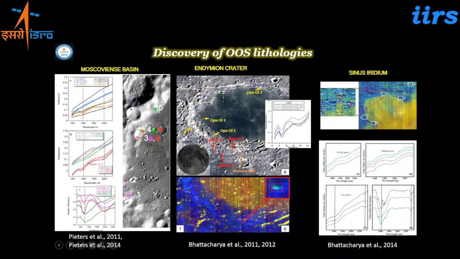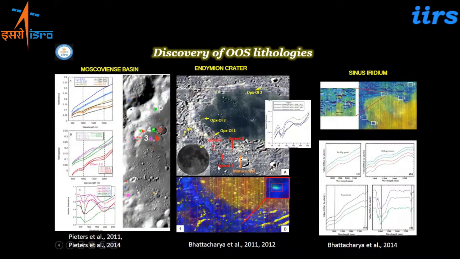Then high resolution compositional data from the Moon Mineralogy Mapper has also revealed an unusual lithology dominated by a high concentration of olivine, orthopyroxene and magnesium rich spinel, designated as OOS lithology, which has been detected from Moscoviense basin and Endymion crater. Such a lithology and tectonic setting hints towards a deep seated origin, and it is very helpful in understanding the deep crustal composition of the Moon.